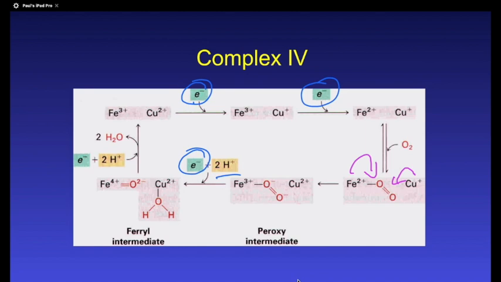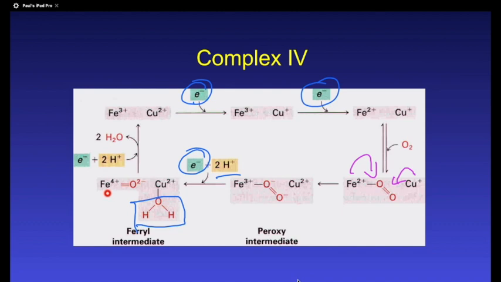What I get is one water, where one of the lone pairs is coordinated to copper. It shouldn't necessarily be a full bond. It should be a dotted line because it's just a coordination event. But I've created one of the waters that I want. And then I get this thing. Does that look nice? Does that look like something you've seen in general chemistry?